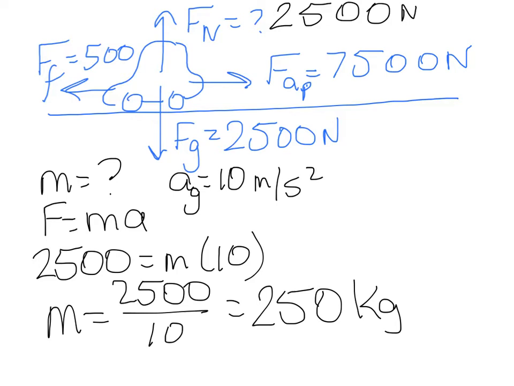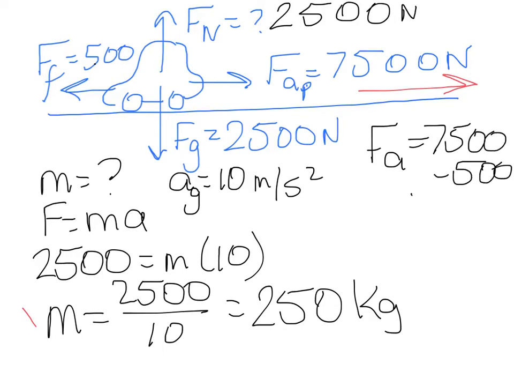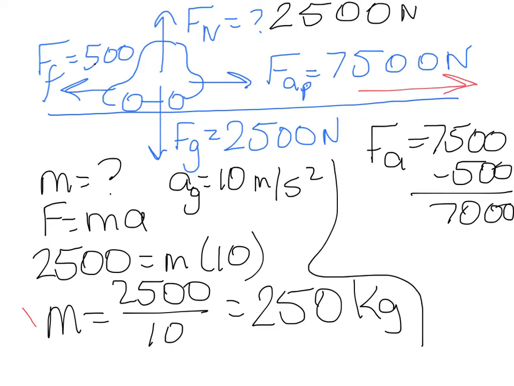So now, let's see what else can we find about this problem. We know it's moving to the right. Well, how fast? Well, we subtract, so we know the net force has to equal 7,500 minus 500. So it has to equal 7,000 newtons. Well, what is our acceleration? We know mass, we know our force, we know our formula.